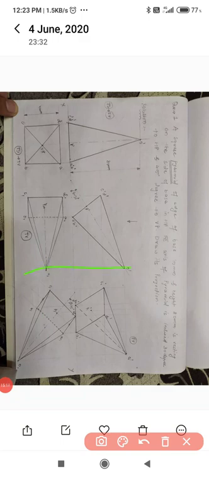Transfer all these points below and you will get this figure. And one thing is, you have to draw this line dotted because it comes inside this figure. When you see it from the top, you can't see A dash B dash in the figure below, but it is inside this figure, so you can draw it with a dotted line.